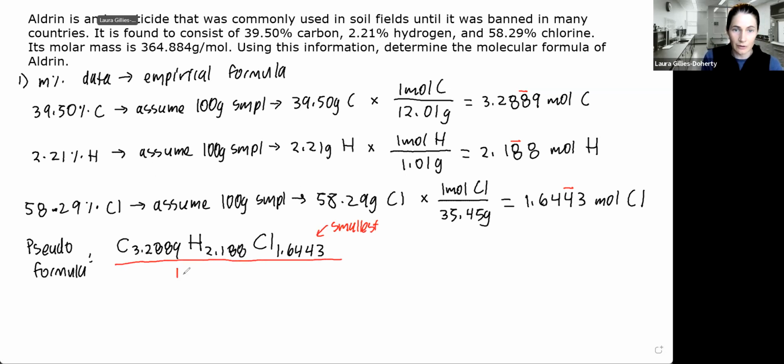So divide everything by 1.6443. So 3.2889 moles of carbon divided by 1.6443 gives me C2.0001.